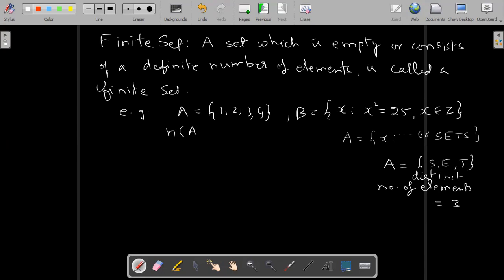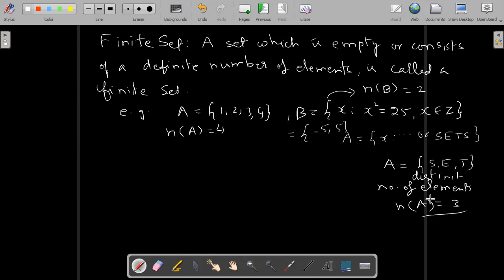So n(A) is equal to, here n(A) is equal to what? What will be n(B)? B will have only two numbers. x square is equal to 5, so x will be equal to plus minus 5. So this set will have only the numbers minus 5 and plus 5. So the number of elements in B is 2. And here the number of elements in set A is 3.